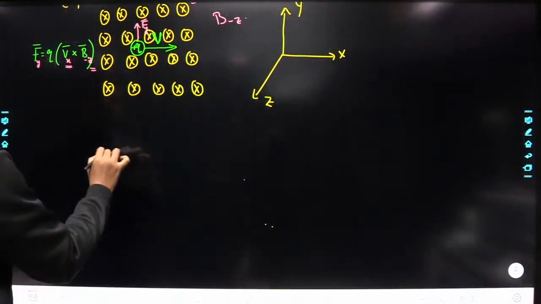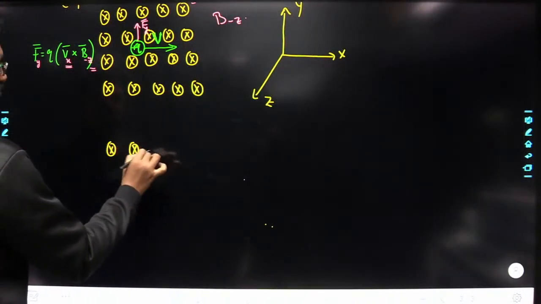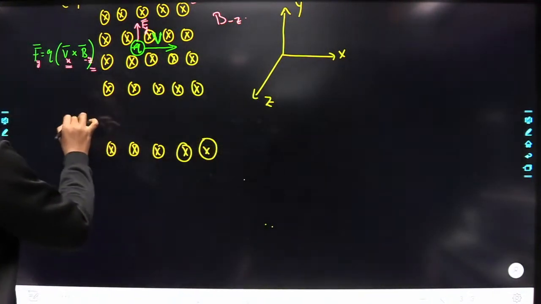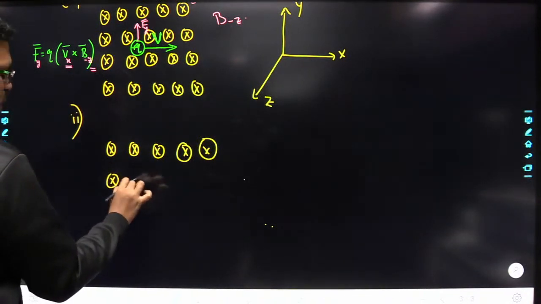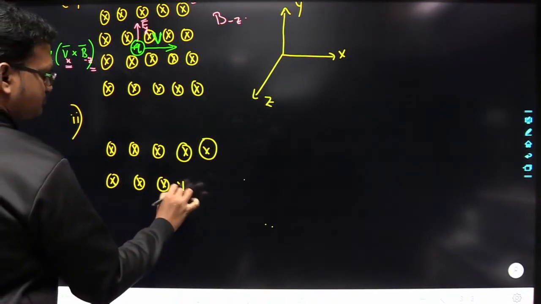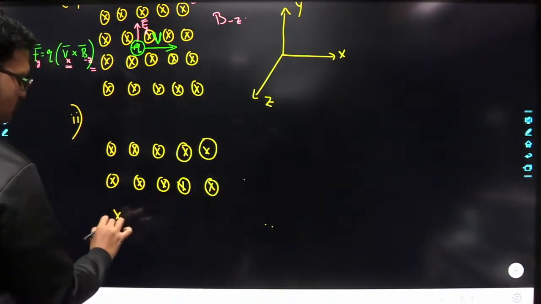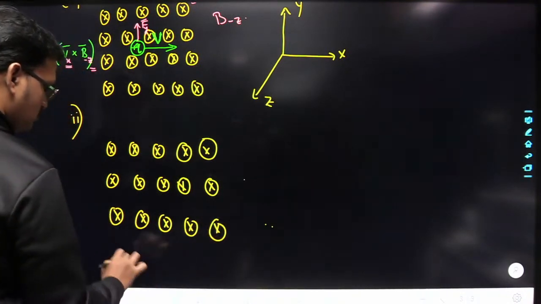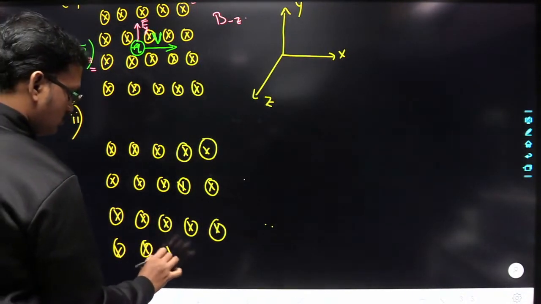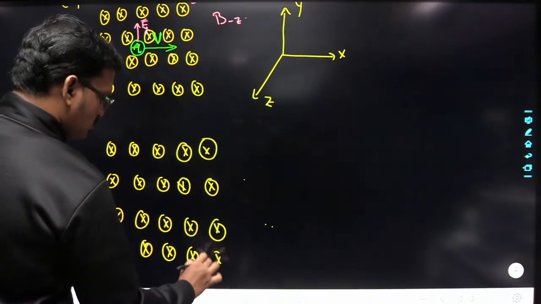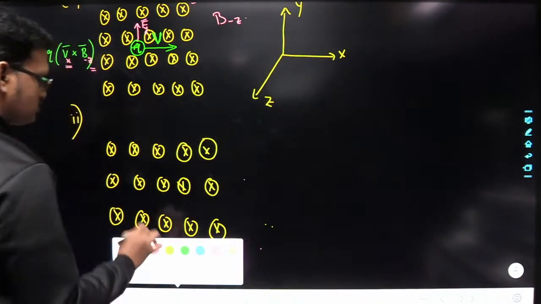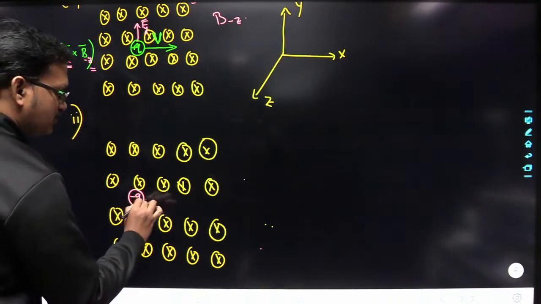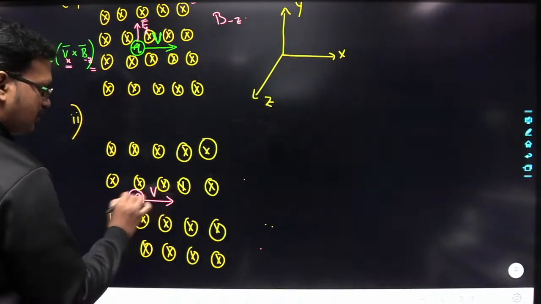Next, if I consider minus Q charge here, moving with velocity V in this direction.